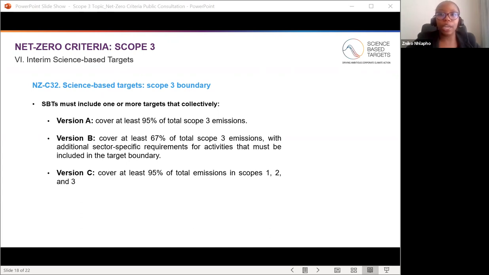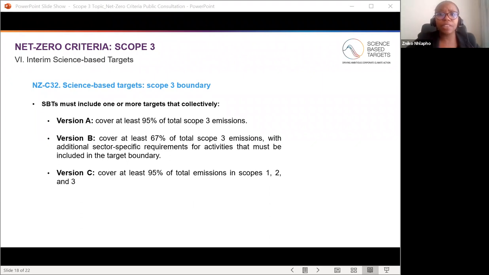We spoke about version A requiring at least 95% of total scope 3 emissions, version B requiring 67% of total scope 3 emissions with additional sector specific requirements, and version C, which requires 95% of total emissions for scope 1, 2, and 3.